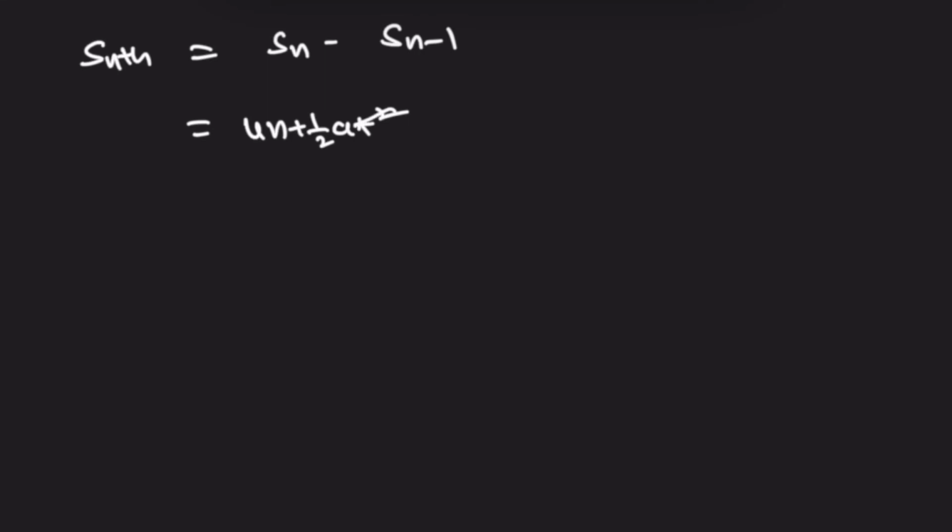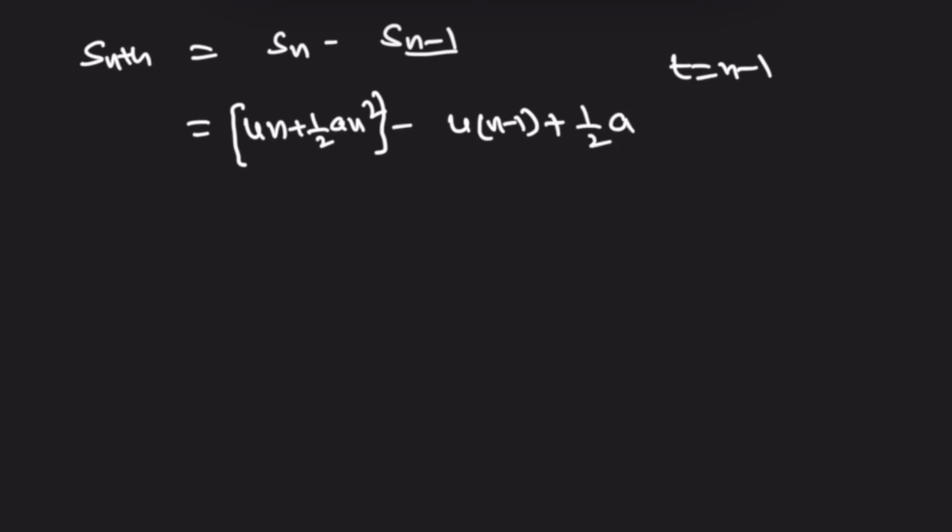So this is un plus half a n square, minus Sn minus 1. So again ut plus half at square, where t is n minus 1: u into n minus 1 plus half a into n minus 1 whole square. So this is Sn minus 1.